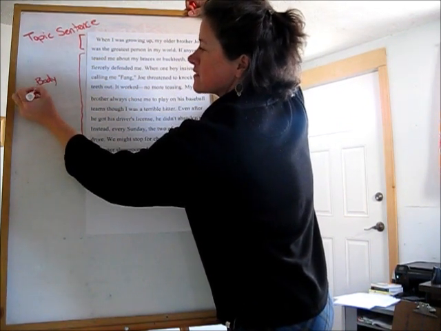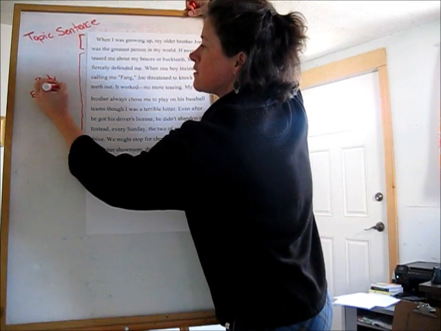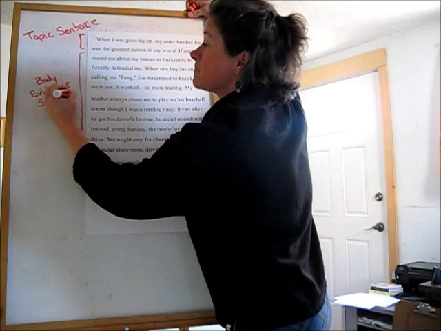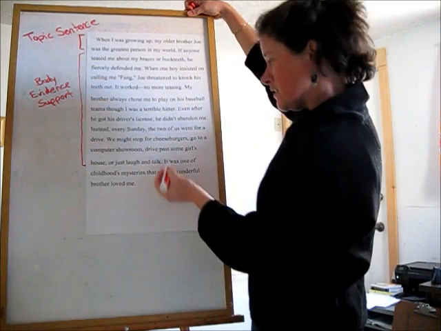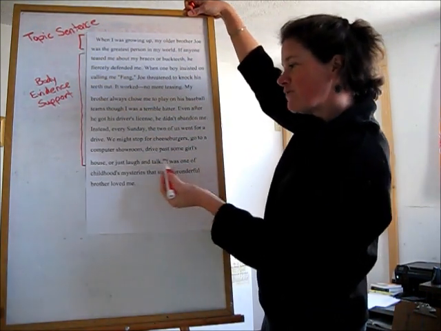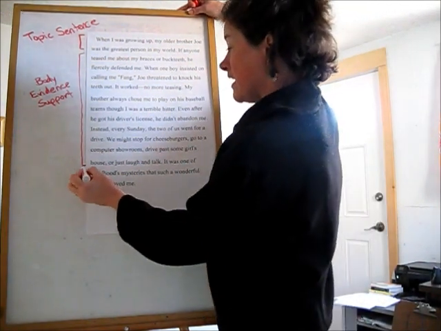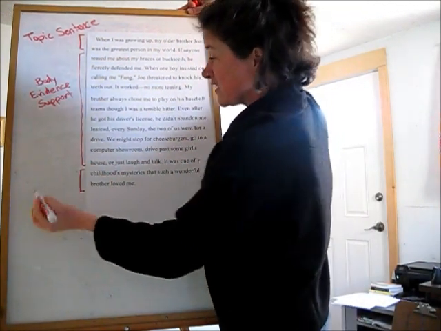It's evidence, it's support for that topic sentence. And then this last one, it was one of childhood's mysteries that such a wonderful brother loved me. That is your concluding sentence.